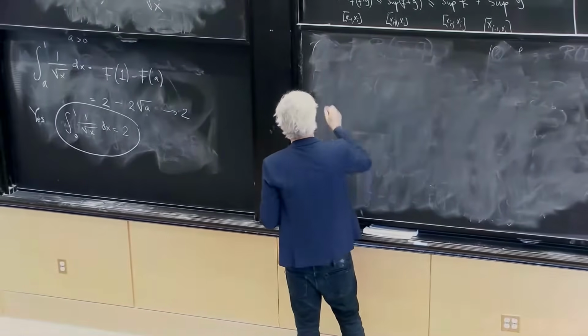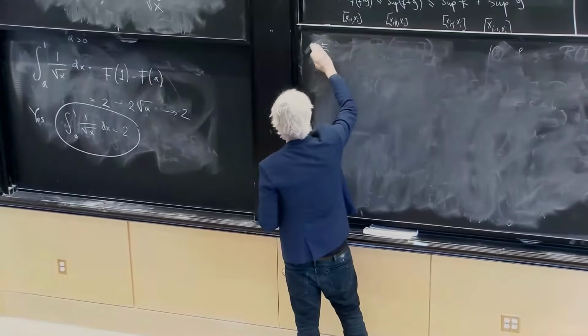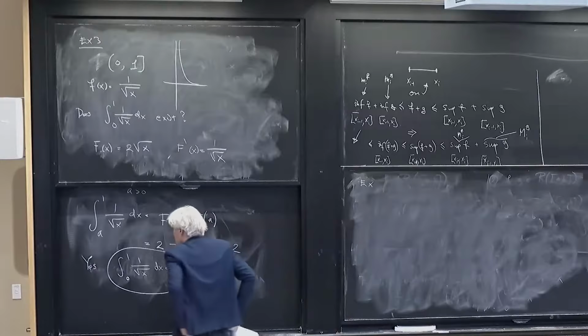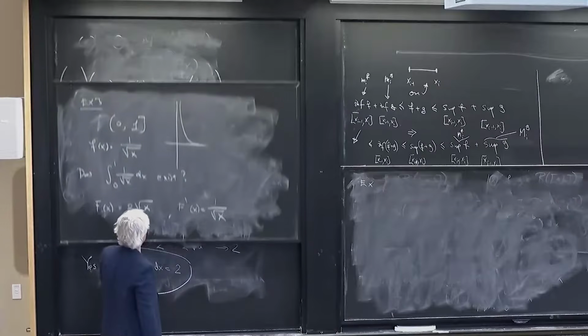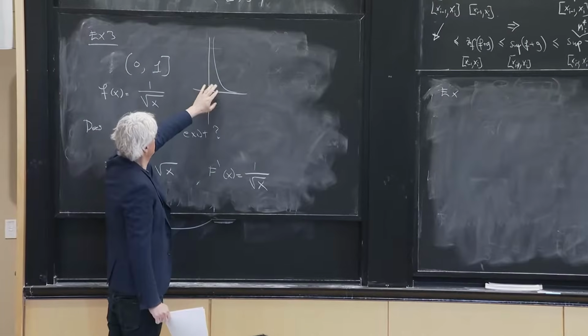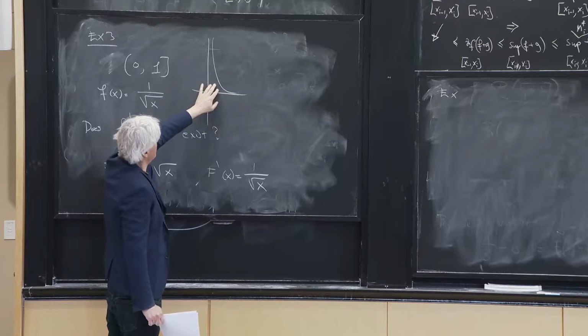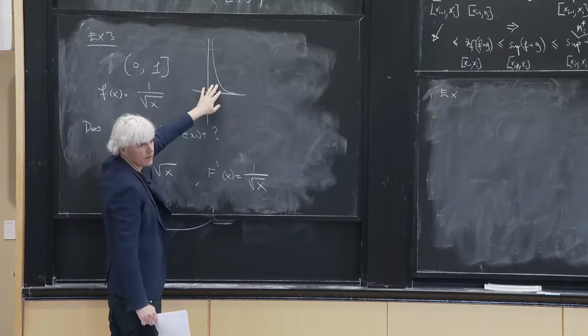Again, in the previous example the function was unbounded, blowing up, going to infinity, but the area below the graph, which is what we calculated, is still actually finite.